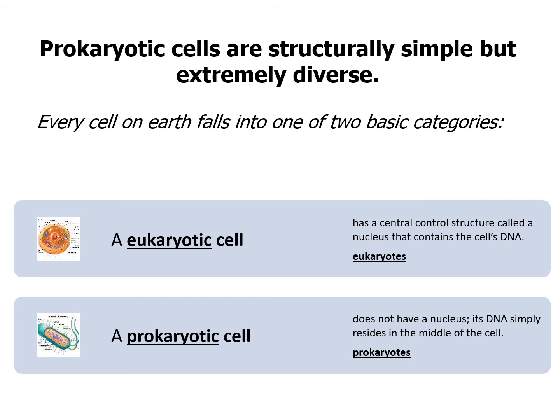A prokaryotic cell, found in prokaryotes, does not have a nucleus. Its DNA simply resides in the middle of the cell, and we're going to talk about what makes up a eukaryotic cell, what makes up a prokaryotic cell, and where you're going to find these types of cells.